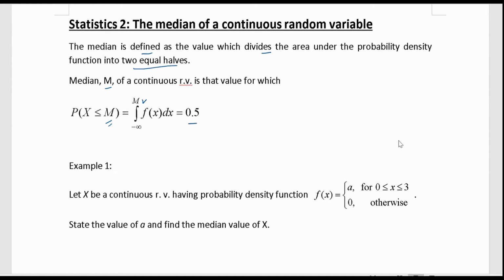Okay, let's have a look at example 1. Let X be the continuous random variable having the probability density function given here.